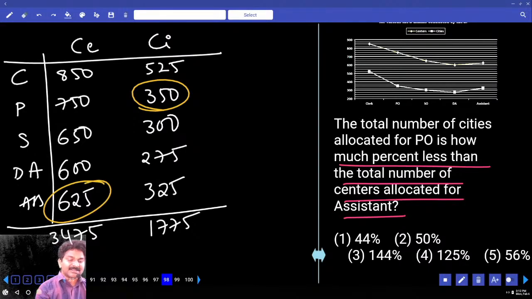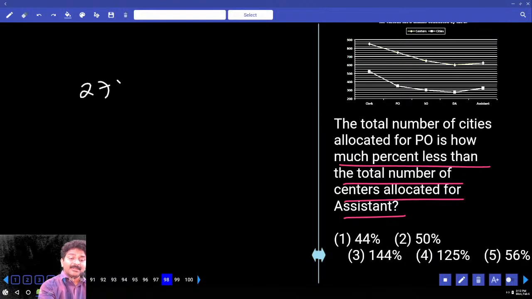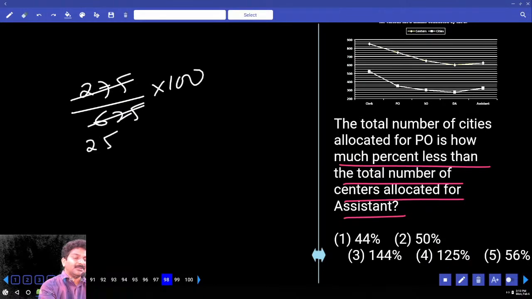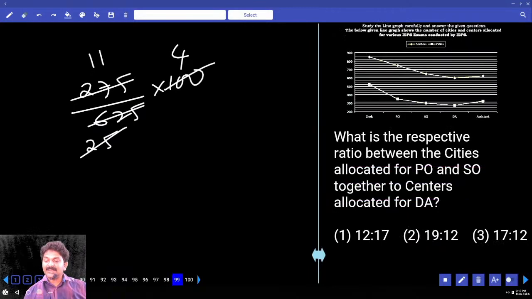Centers allotted for assistant 625. 350 is how much less than 625? 275. 275 less than 625. Percentage, into 100. 25 times 11, 44%. 44% less.